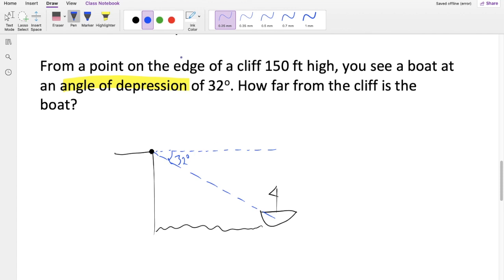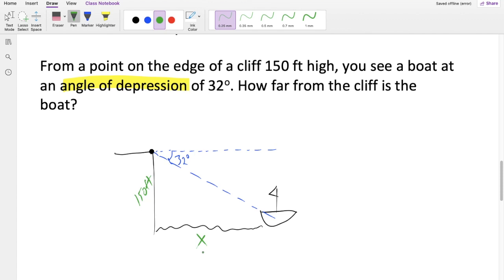Other pieces of information we are told is that the cliff is 150 feet, and I am trying to find the distance from the cliff to the boat. So I'm trying to solve for that x right there. Here we have a couple things going on.